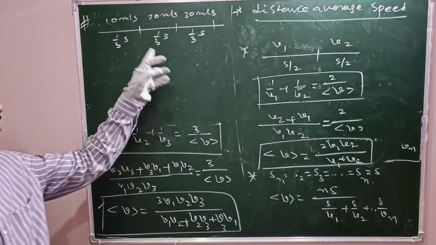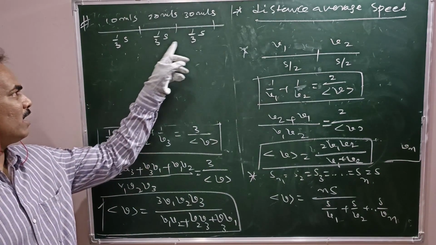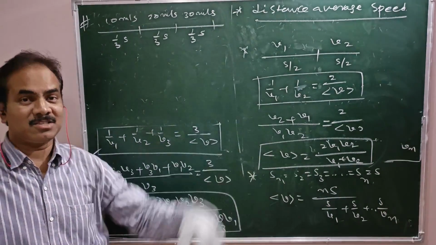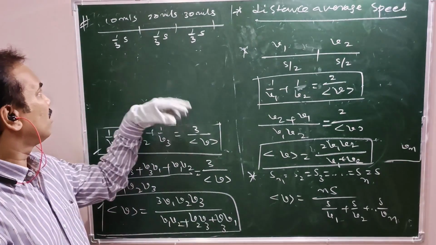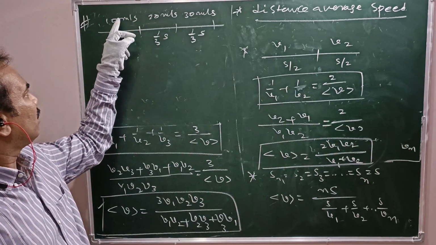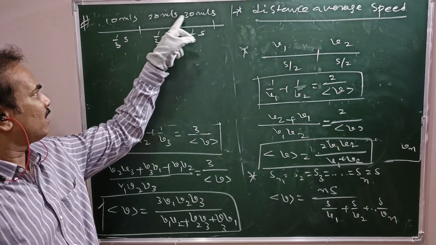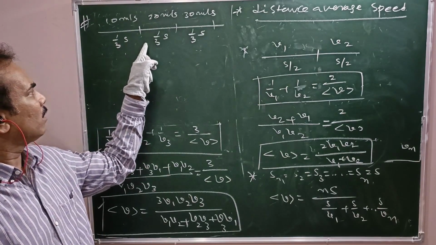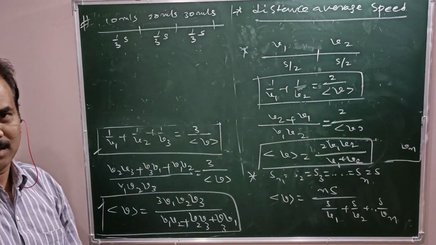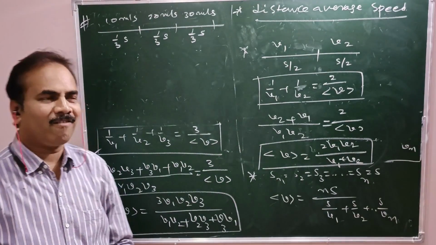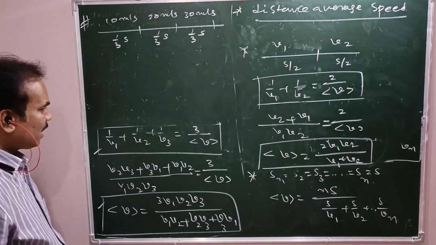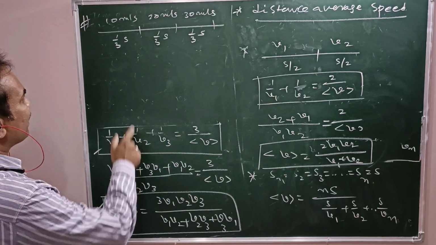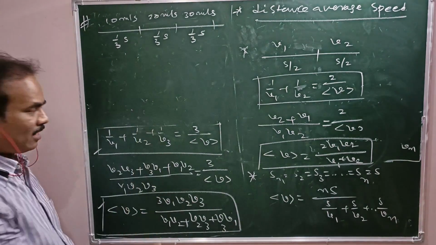So what is the total distance? 1/3 s, 1/3 s, 1/3 s. That is 3 times 1/3 s, that is s. Total distance s. So the particle moves with 10, 20 and 30 meters per second to cover successive equal distances in its entire path. Now find the average speed. How to find the average speed in case of 3 successive equal distances with different speeds?